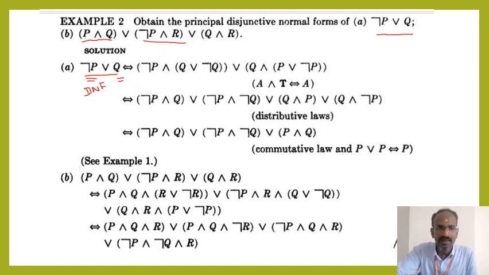For the first min term, negation P does not contain Q, so we include the Q variable by operating AND with Q or negation Q. Similarly, for the second min term, P is not available, so it is to be included by the AND operator with P or negation P. By the distributive law, we reach negation P and Q, or negation P and negation Q, the two min terms.